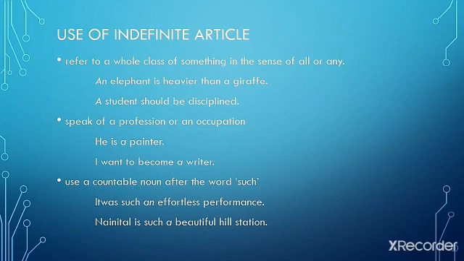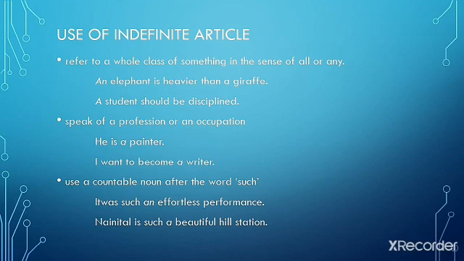Also, to refer to a whole class of something in the sense of all or any. Example, an elephant is heavier than a giraffe. A student should be disciplined. In both cases, you refer to the whole class of elephants, giraffes, or students. Next, to speak of a profession or an occupation.